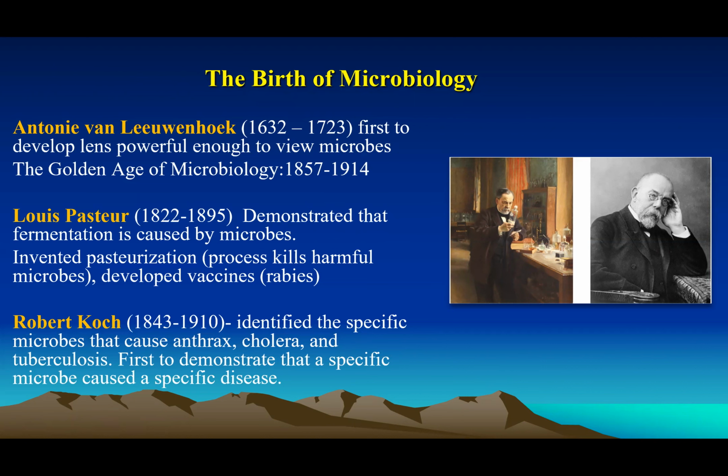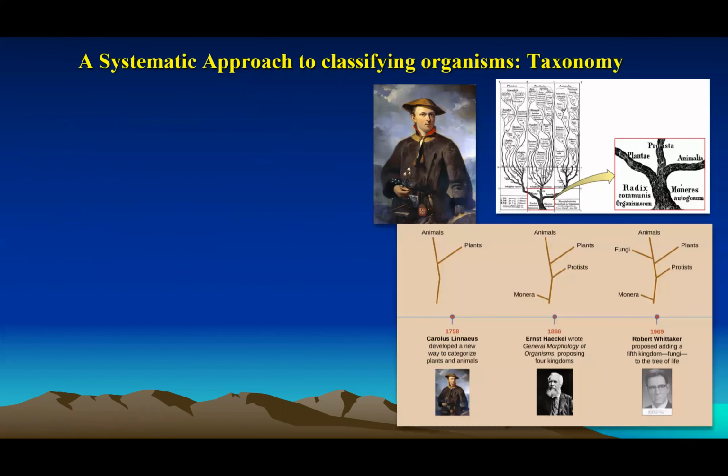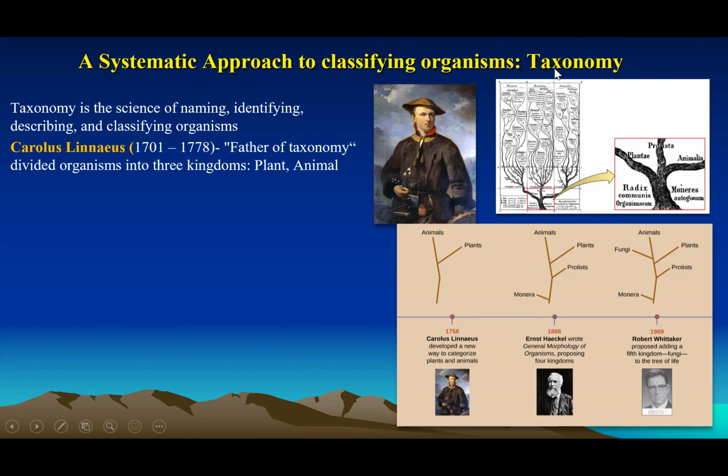So how are we classifying the microbes? What is taxonomy? So taxonomy is classifying organisms. So the science of naming organisms, like you identify the microbe, describe it, and classify it. So that is what taxonomy is about. And the father of taxonomy is Carl Linnaeus, 17th century.